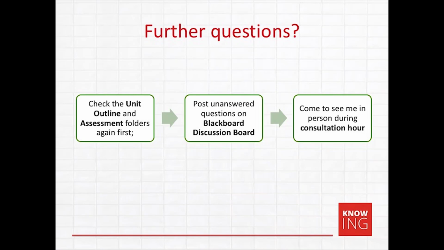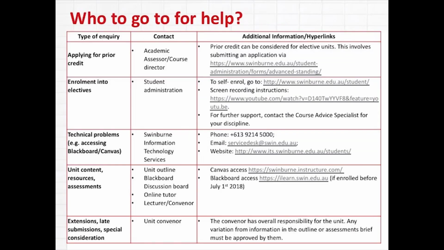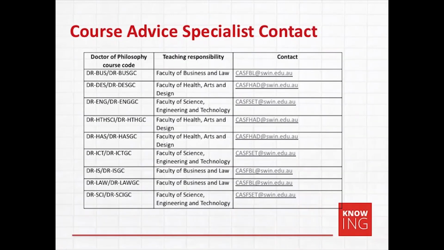If none of these work for you, please book a consultation to see us in person. And this table provides further instructions on who to go to for help for the most commonly asked questions about this unit as well as about the course more broadly. This table lists the contacts for course advice specialists in case you need to contact them for elective selection support.